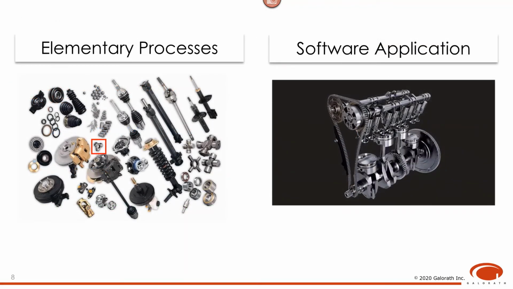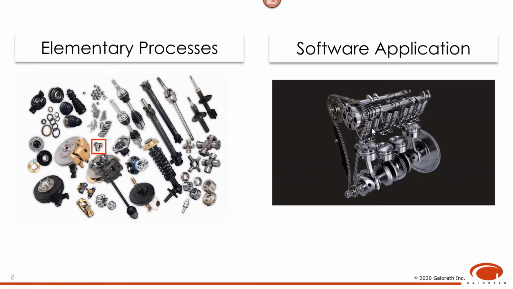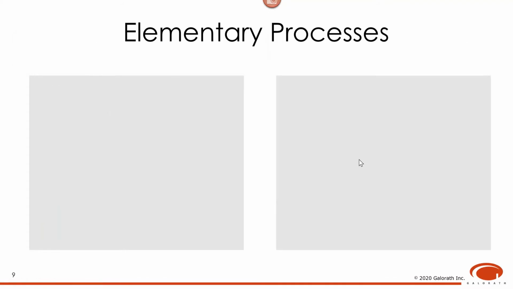So, in essence, an application can be seen as a collection of elementary processes. These elementary processes are integrated together, forming what is called a software application. The application itself works like an engine to satisfy the business requirements. So in summary, there are 2 major categories of elementary processes.